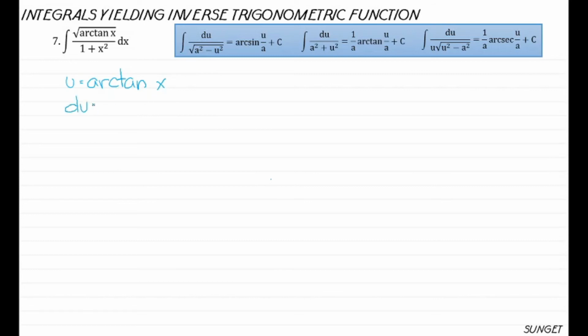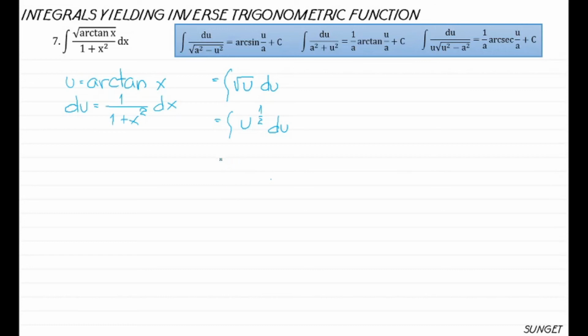Differentiate, so du equals 1 over 1 plus x squared dx. Then we have the integral of square root of u du, or the integral of u raised to 1 half du.